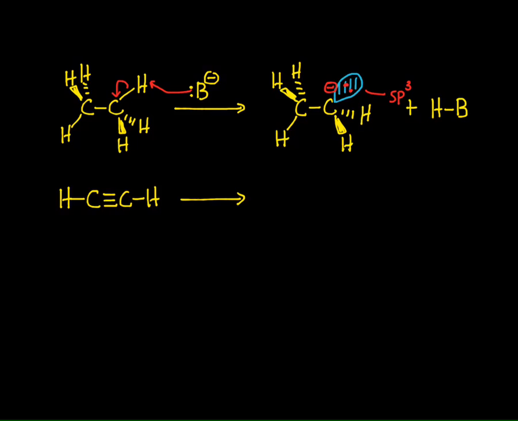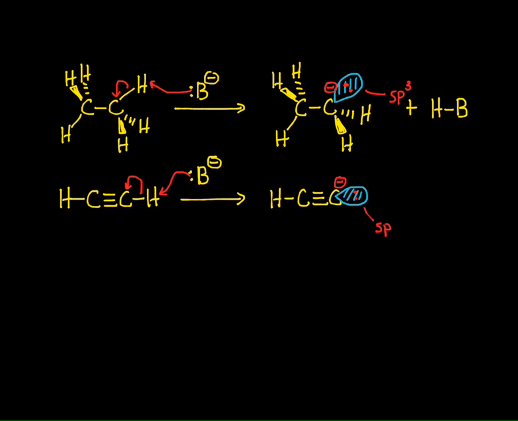When I look at ethyne and do the same thing, I react it with some base and remove the proton, and the electrons from the carbon-hydrogen bond move to the carbon. Now the electrons reside in an sp orbital, so sp versus sp3.